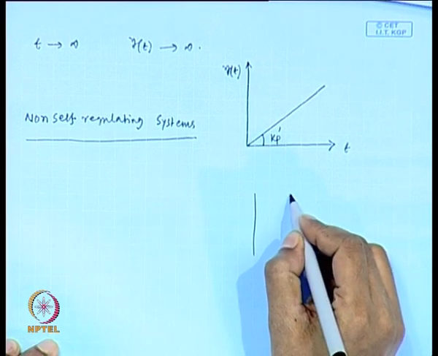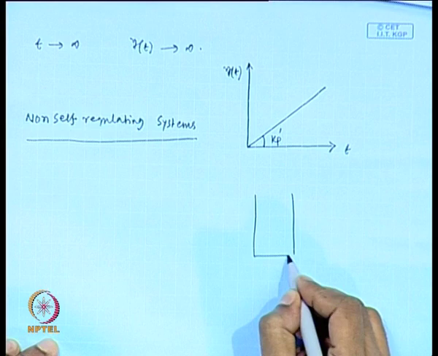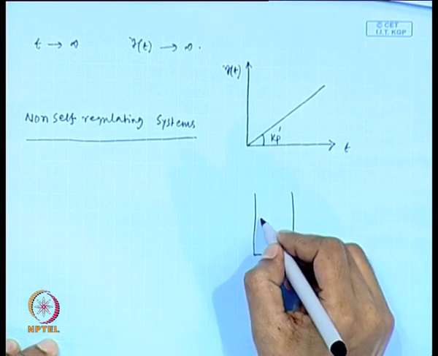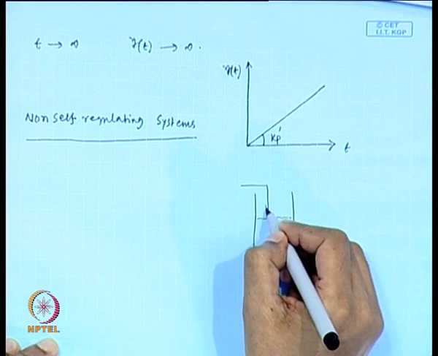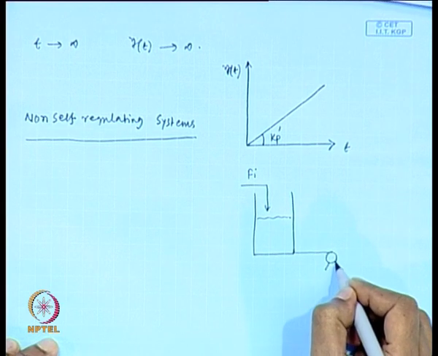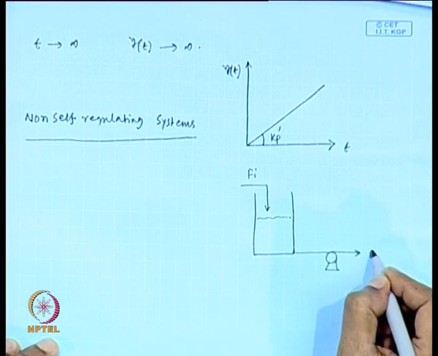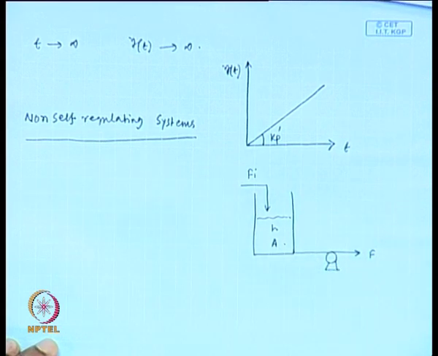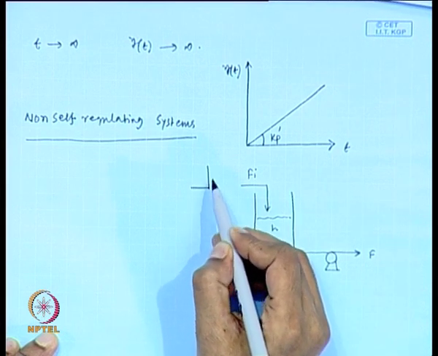Question is why? To explain this concept, we will consider one liquid tank system. In fact, we have considered this earlier also. One constant displacement pump is installed here. Fine. Now, we are introducing a unit step change in F_i.